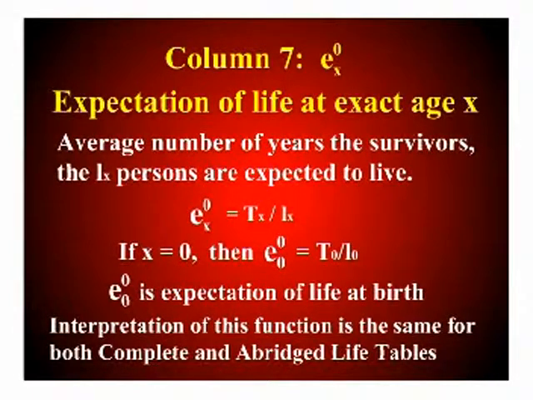If x equal to 0, then e00 equal to T0 by l0. e00 is of special importance and is commonly known as expectation of life at birth. This is a widely used measure of mortality for many purposes. The interpretation of this function is the same for both the complete and abridged life table.